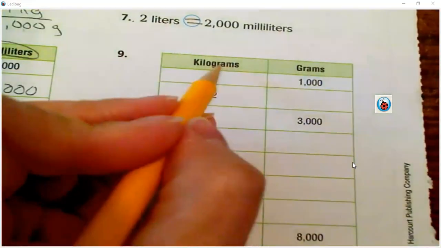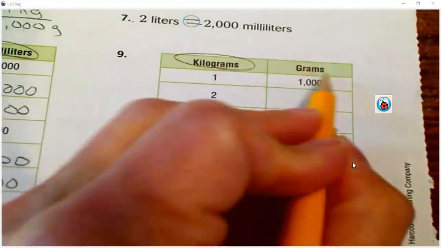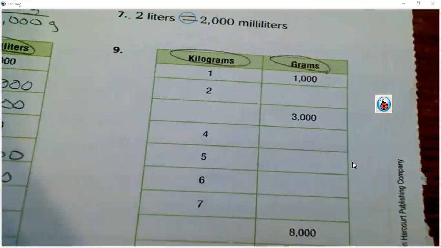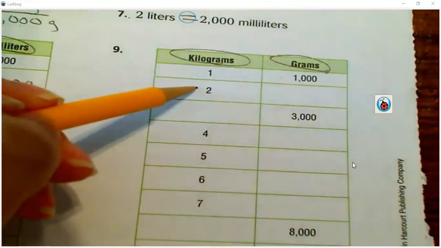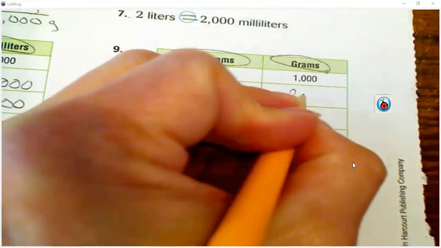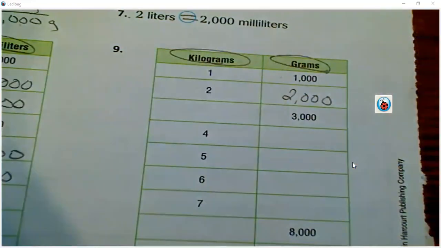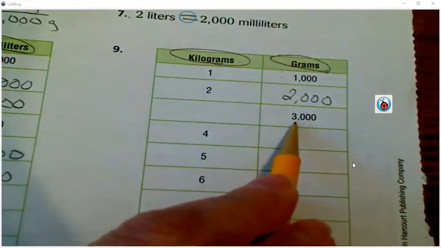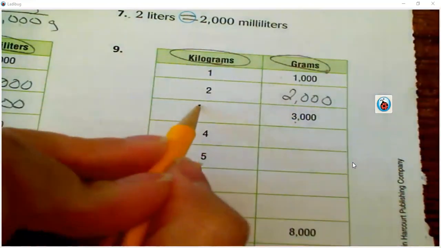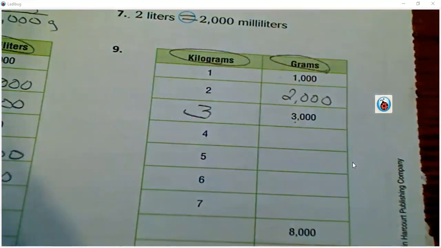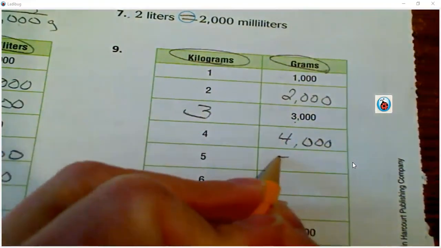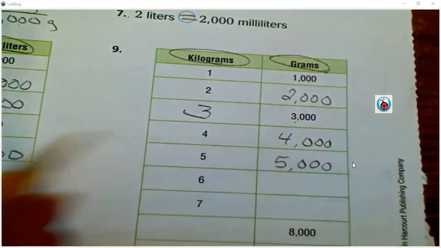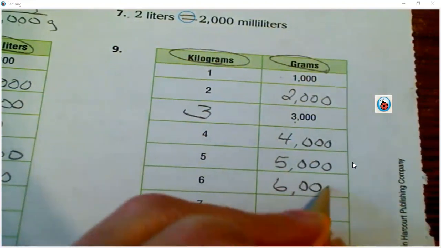Let's go over to grams. So we've got kilograms and grams. 1 kilogram, 1,000 grams. 2 kilograms, 2,000 grams. 3,000 grams, 3 kilograms, and so on. I do believe that you could complete your Google form now by practicing these.